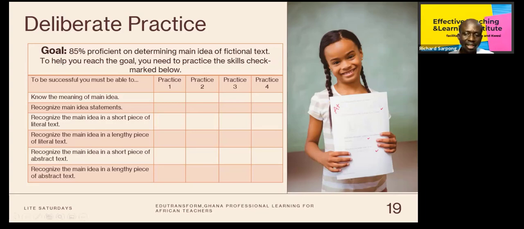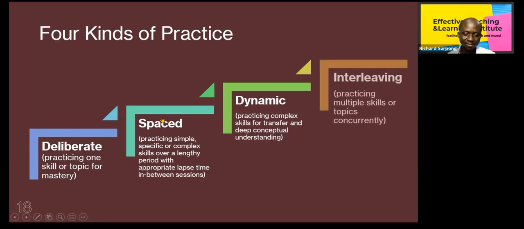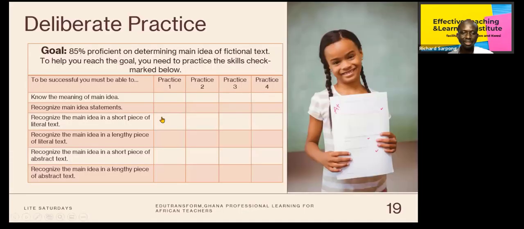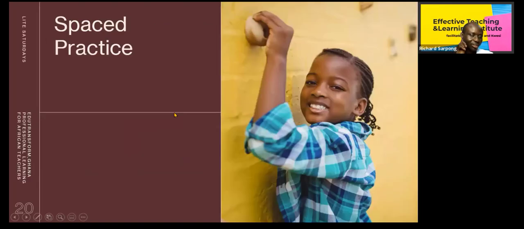So that is what the deliberate practice is. But the research points to the fact that if the deliberate practice is spaced, like you saw practice 1, practice 2, spaced in terms of the students being allowed to perform it over a lengthy period, then you are going to see better outcomes, right?